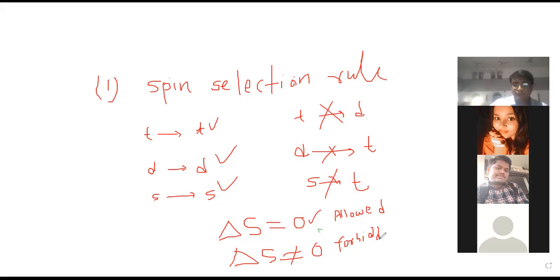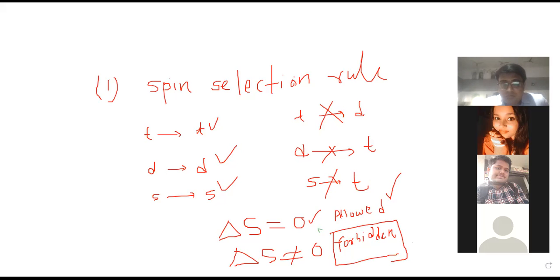So the peaks resulting from allowed transitions will be more intense peaks, and the peaks resulting from forbidden transitions are less intense peaks, which have a less value of epsilon. The epsilon value of an allowed transition is very high, in the range of thousands.